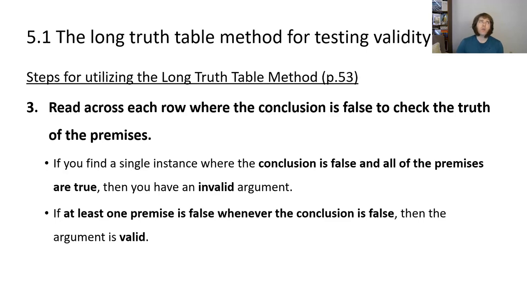So there can be cases where one or more premises are false and the conclusion is true, but we don't really care, because validity is really this property that's saying when the premises are all true, the conclusion has to be true as well. So we can try to rule out instances of invalidity just by looking to see if there's ever a case where all the premises are true, but the conclusion itself is false.